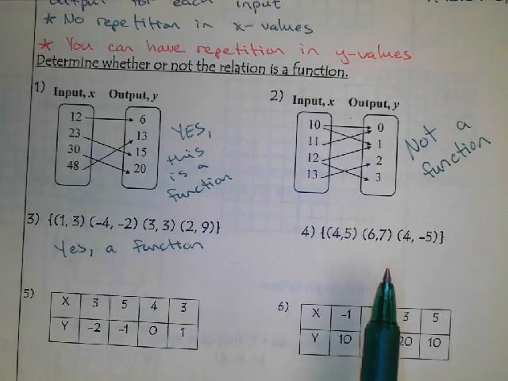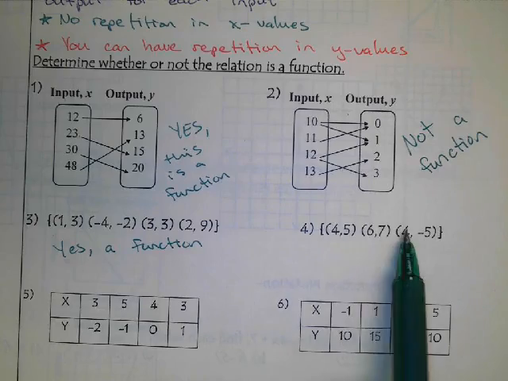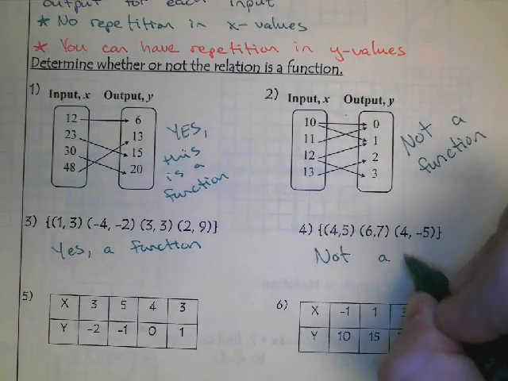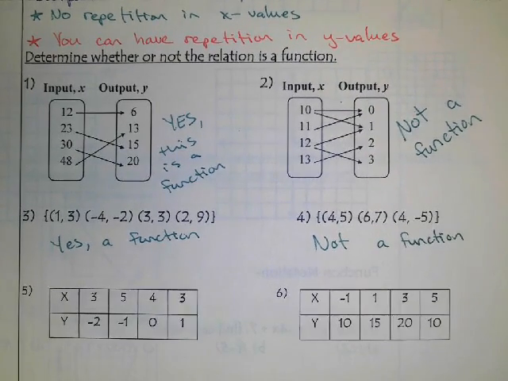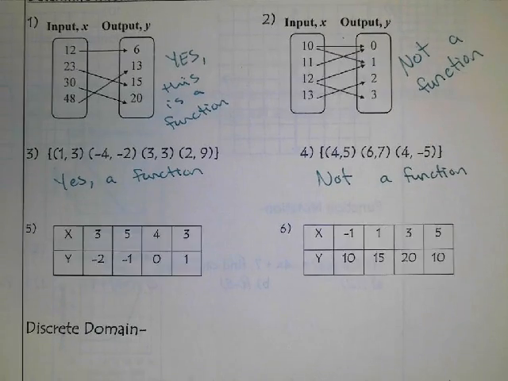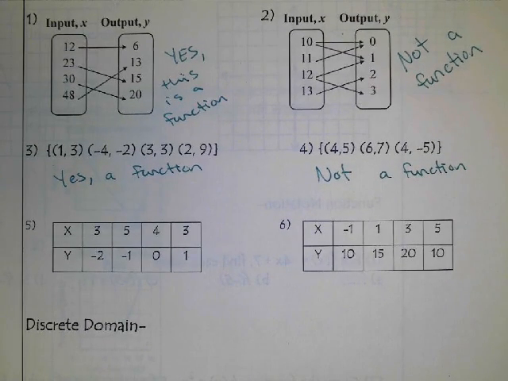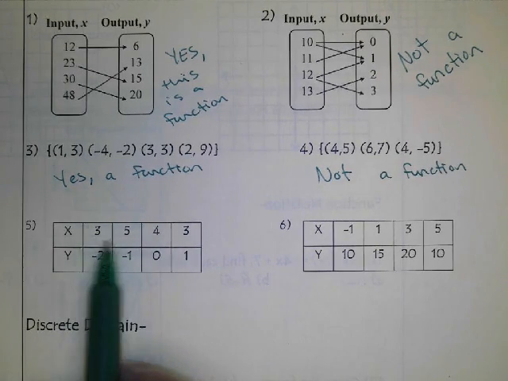Number 4, is there any repetition in the x values? Focusing on that x value. Oh, repetition, 4 and 4. So I can say not a function. So we're just looking for that repetition in the x value. Number 5, looking for a repetition. 3, 5, 4, 3. Look, there it is.